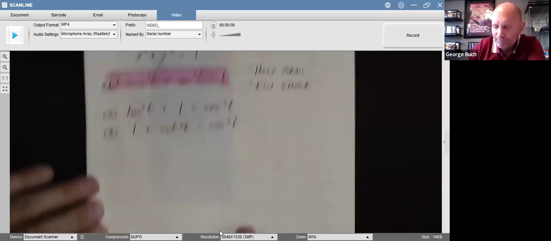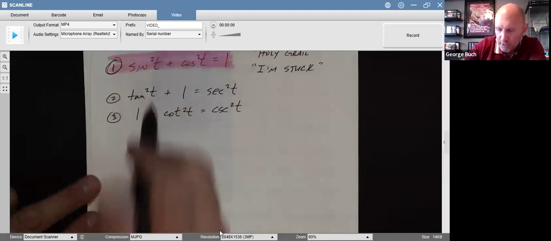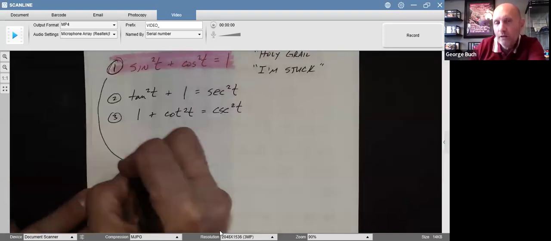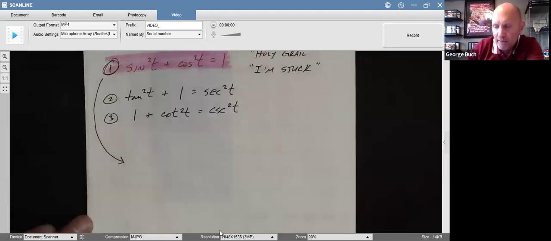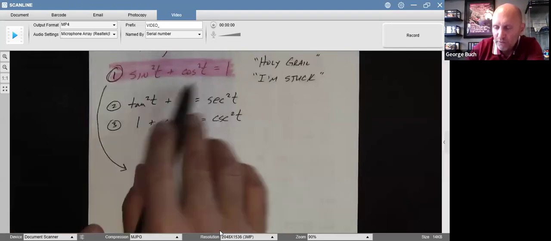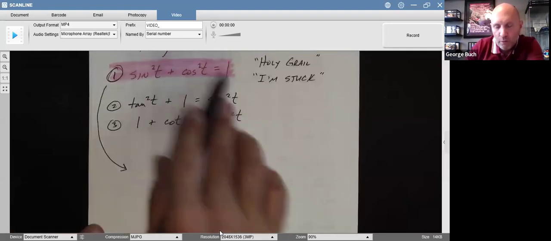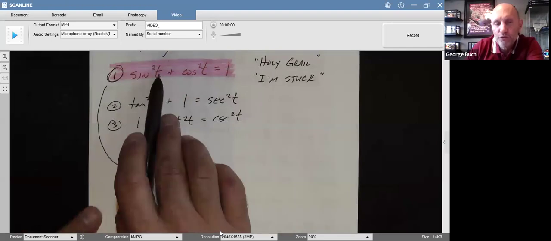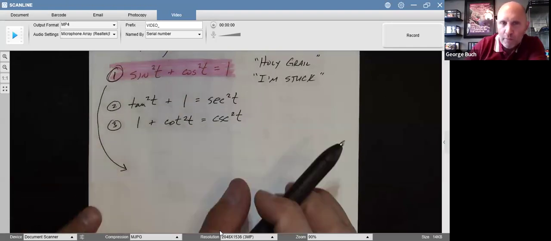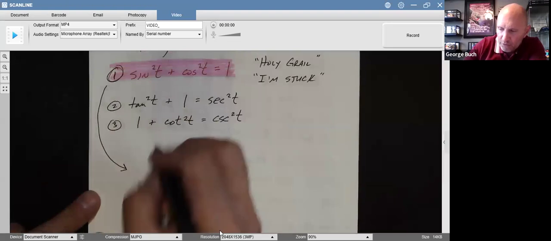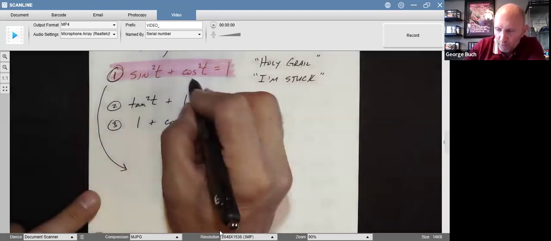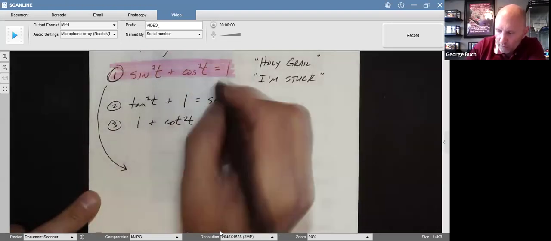And then one other version of this that I want to share, and it's not really a Pythagorean identity, it's a manipulation of this. So this one, the Holy Grail form, you're going to use a lot. But if I subtract sine squared from both sides here, I get what?